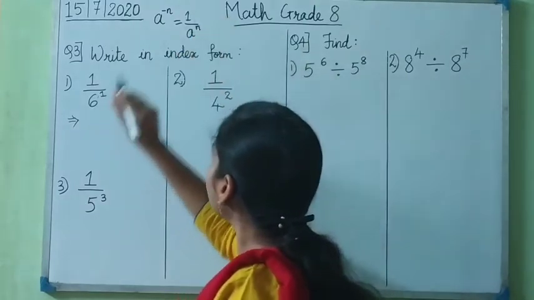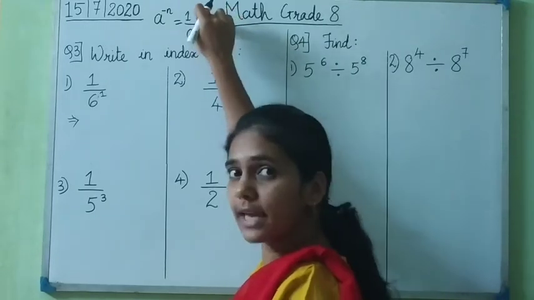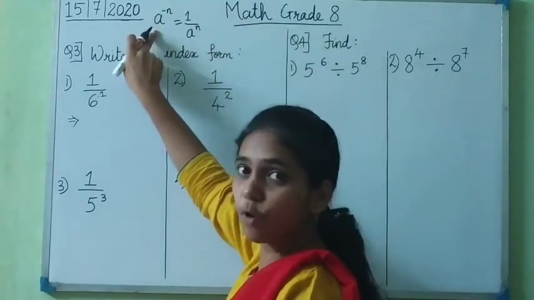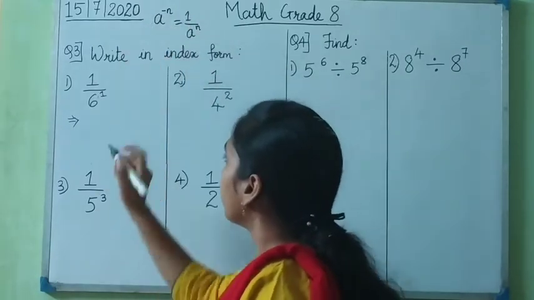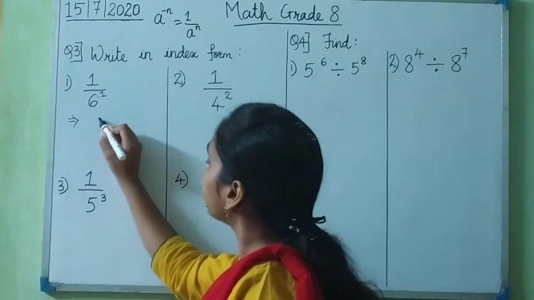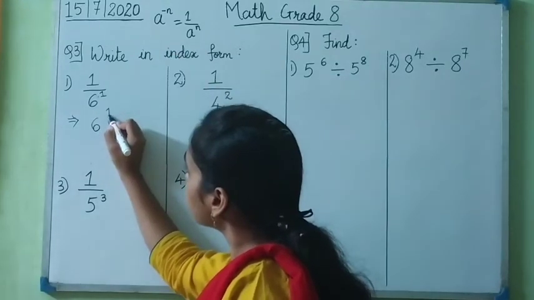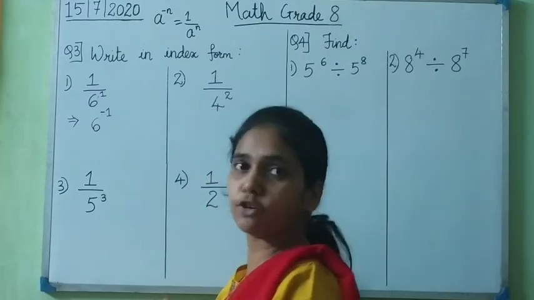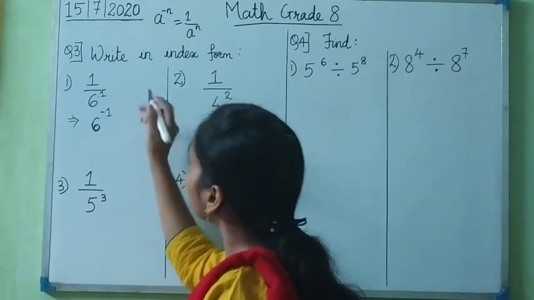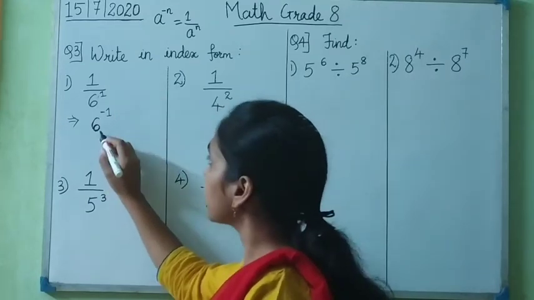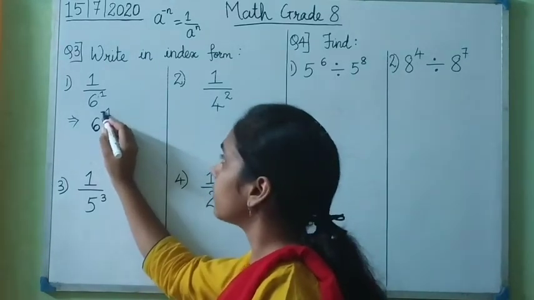So according to this, if the fraction is given to us and we have to write it in the index form, what will we write? We write the number as it is, the power also as it is, only with a negative sign on it. So here the index form of this fraction is 6 raised to minus 1. The power is the same, which is 1, only with a negative sign.